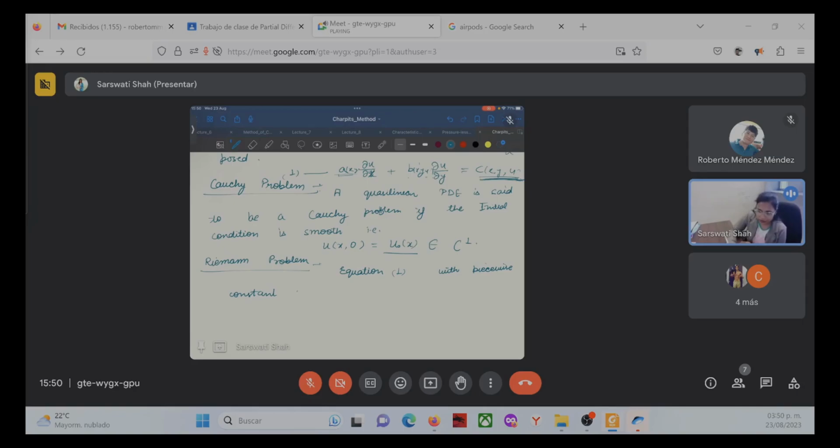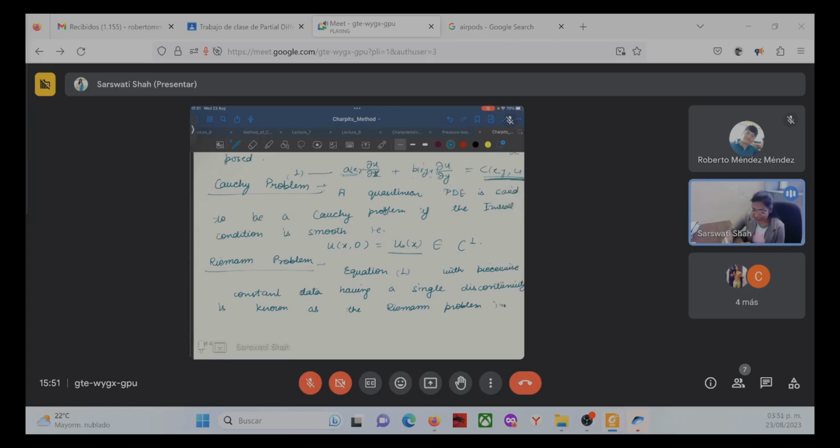So piecewise constant data having a single discontinuity is known as the Riemann problem.